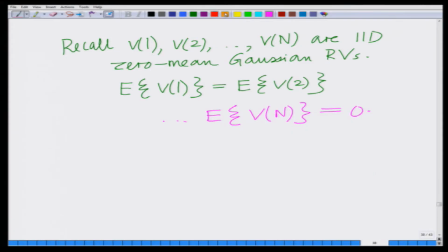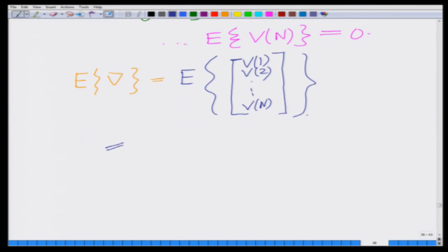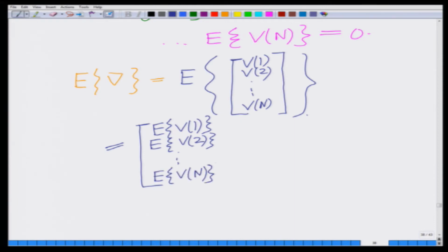And therefore, now if I look at the expected value of this vector as a whole, that is, the expected value of this Gaussian noise vector v bar, that is equal to the expected value of the vector comprising components v1, v2, up to vn, which is, taking the expected value inside, nothing but the expected value of V1, expected value of V2, and so on, up to the expected value of Vn, and each of these is 0.